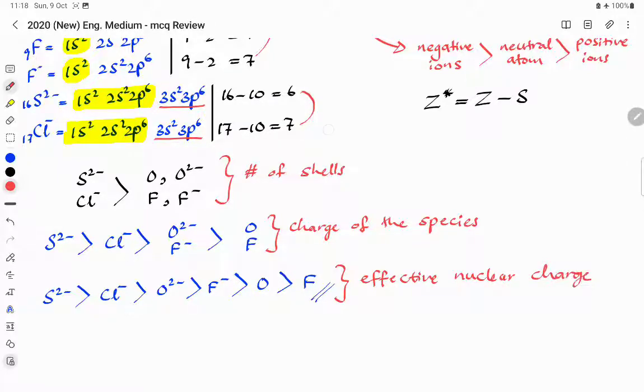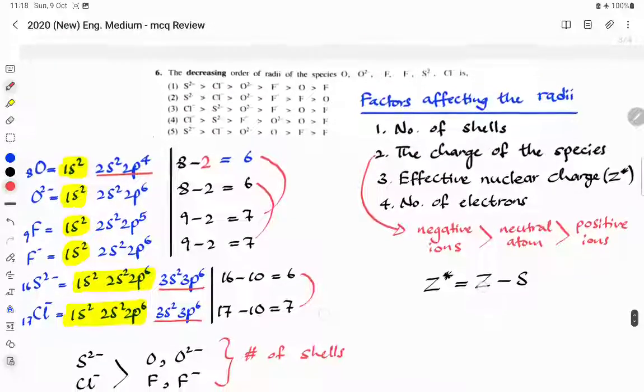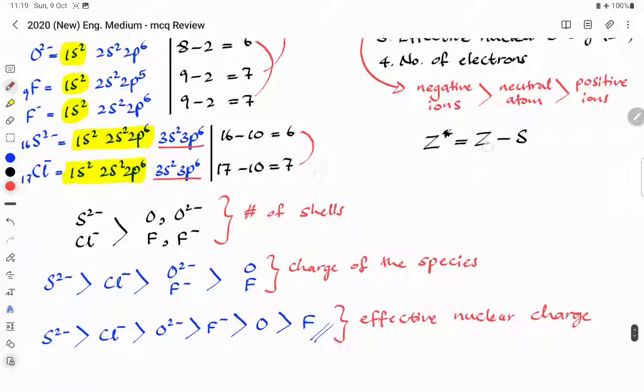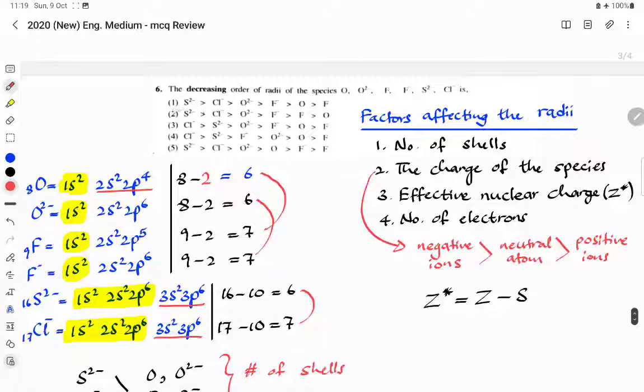Alright, so let's look at the answers. It should be the first one. Yes, right, the answer is the first one. Now let's go for the next question.